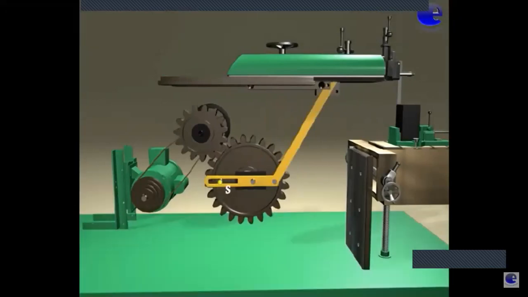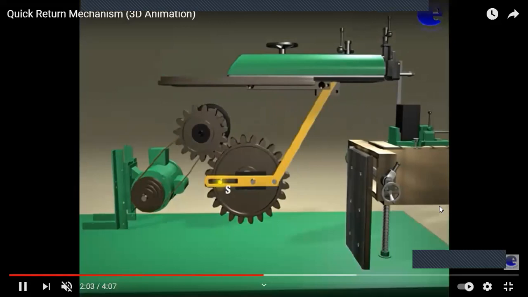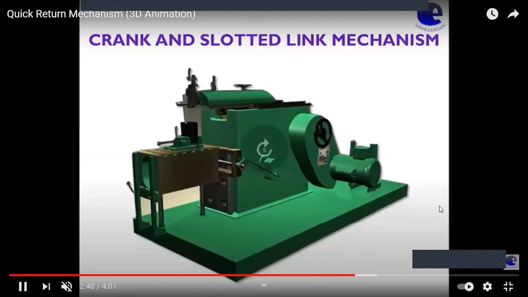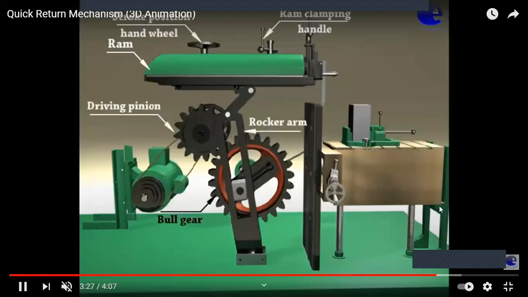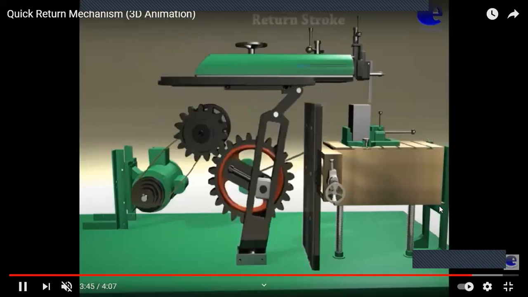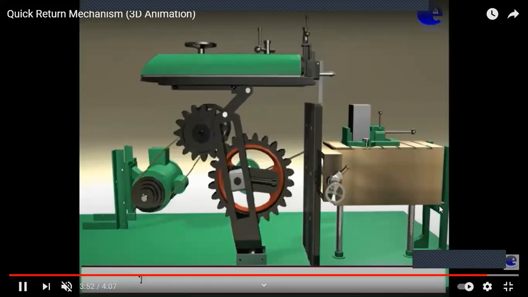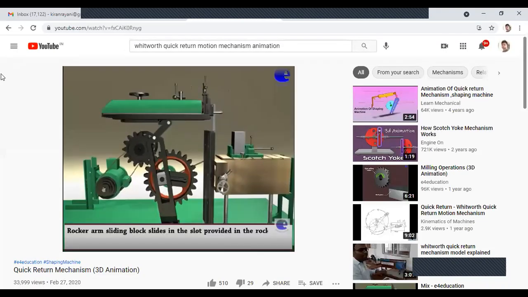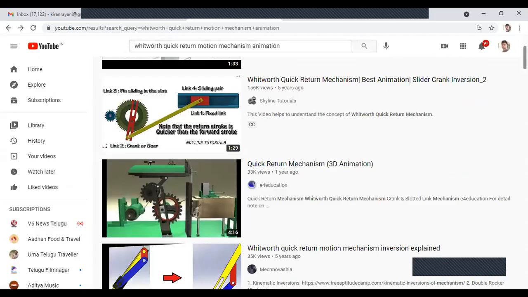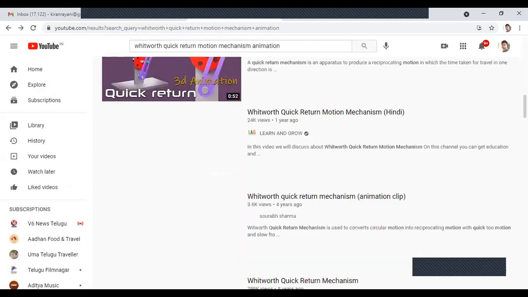S is the slider there. So these are the different types of animations for the Whitworth quick return motion mechanism.